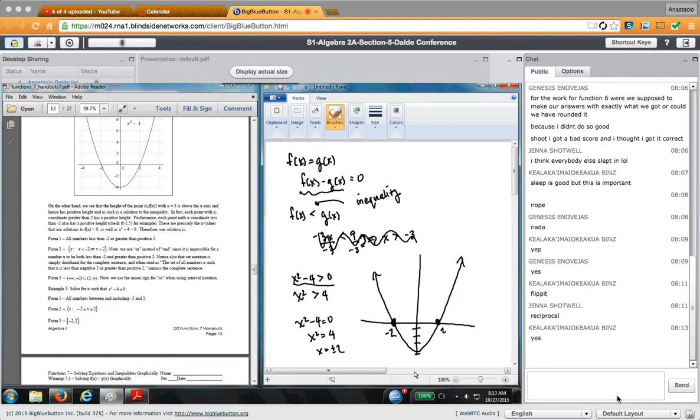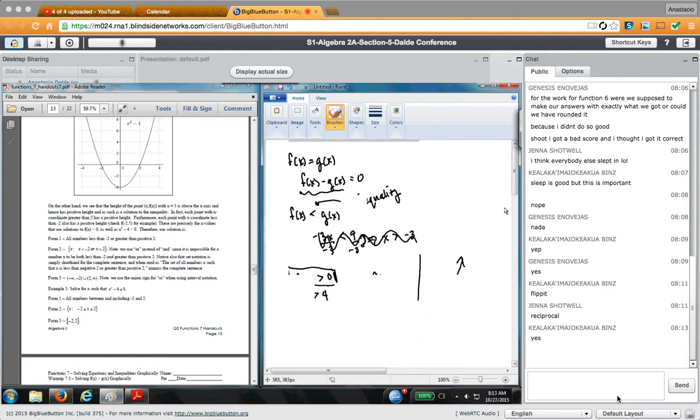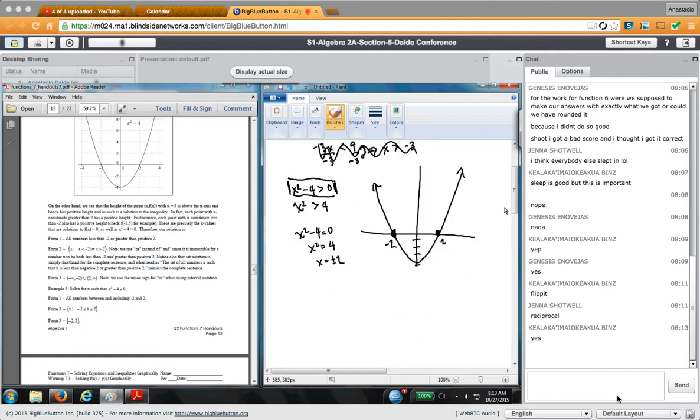So really what I'm asking for is x squared minus 4 is greater than 0. What I'm asking is, what x values give me an answer where my y value is bigger than 0? What x values give me an answer where my y value is positive? And here's the y values, all of these ones.